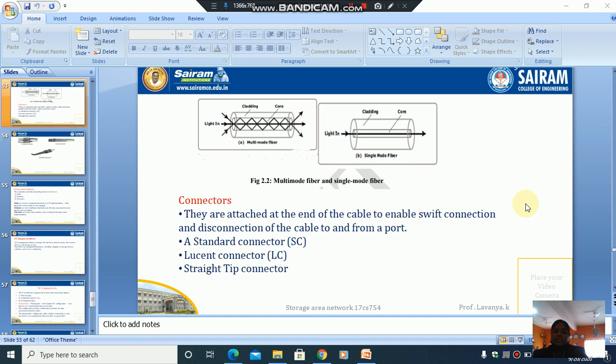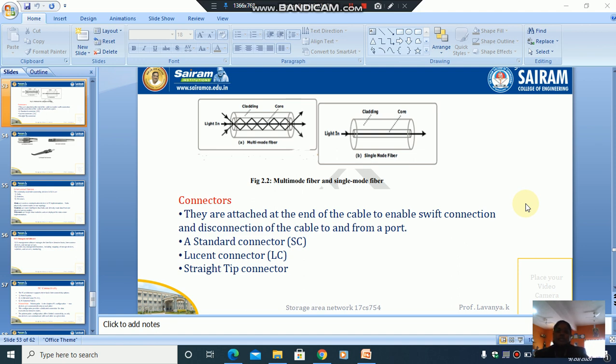Why? Because the standard connector has a data transmission speed of 1 gigabyte per second, but the Lucent connector has 4 gigabytes per second to transfer the data from one source to another destination.